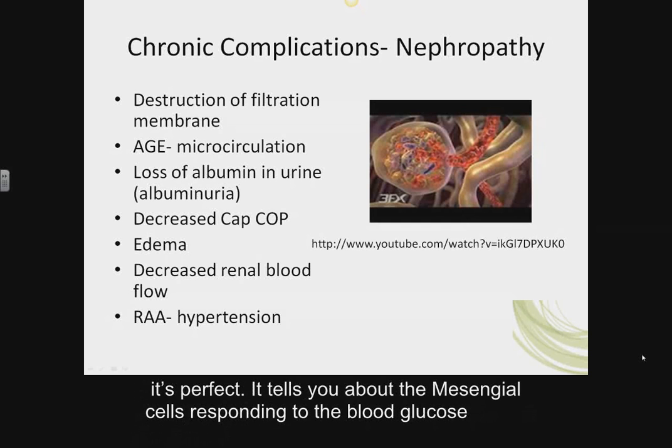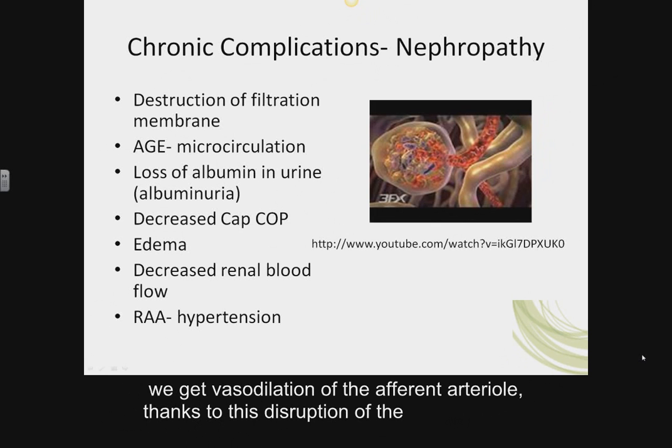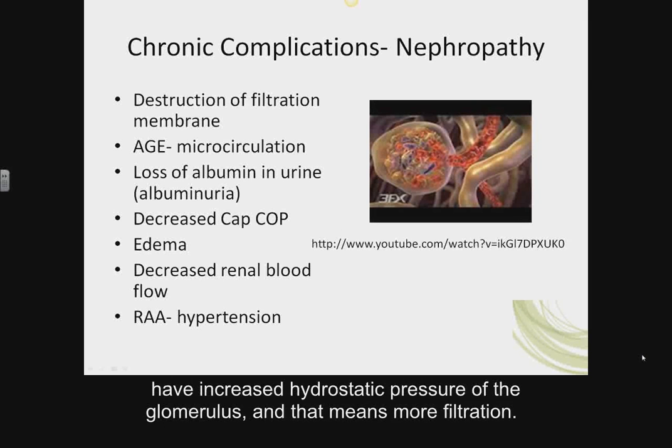Now, what about nephropathy? Again, I've uploaded videos on it. It's perfect. It tells you about the mesangial cells responding to the blood glucose levels. It tells you how GFR initially goes up, but then GFR goes down. It also tells you how we get vasodilation of the afferent arteriole thanks to the disruption of the microvascular.